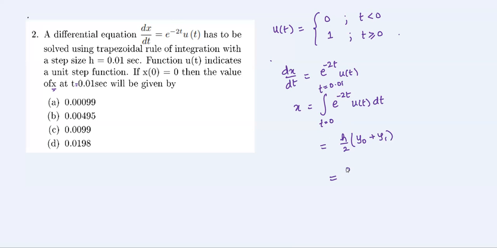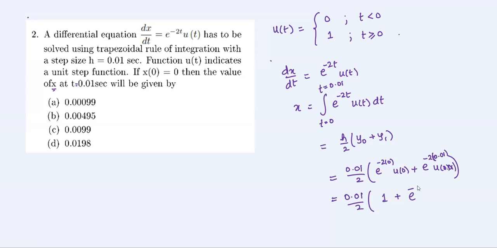So h is 0.01, divided by 2, y0 is e power minus 2 times 0 into u(0), plus y1, e power minus 2 times 0.01, into u(0.01).